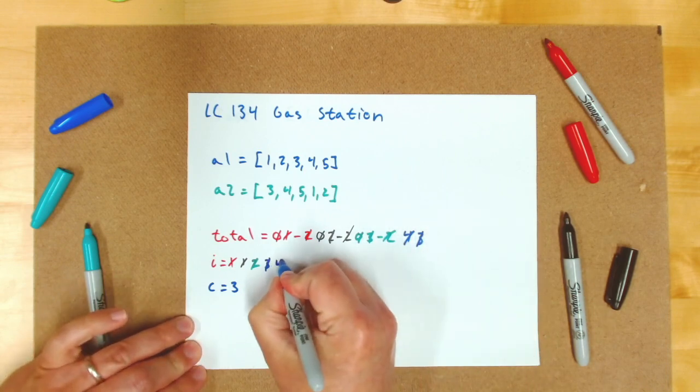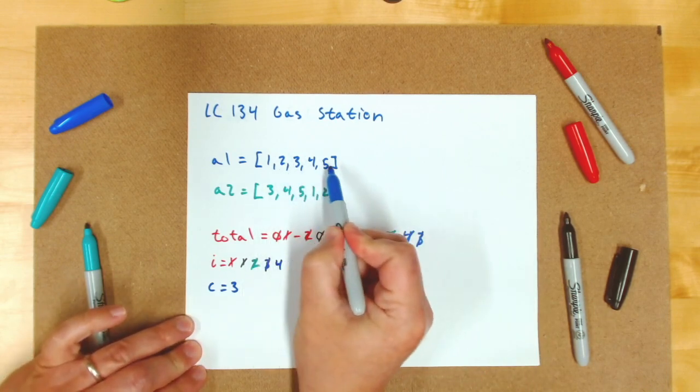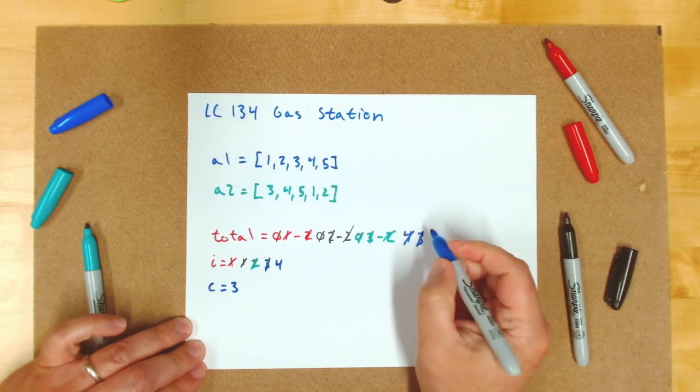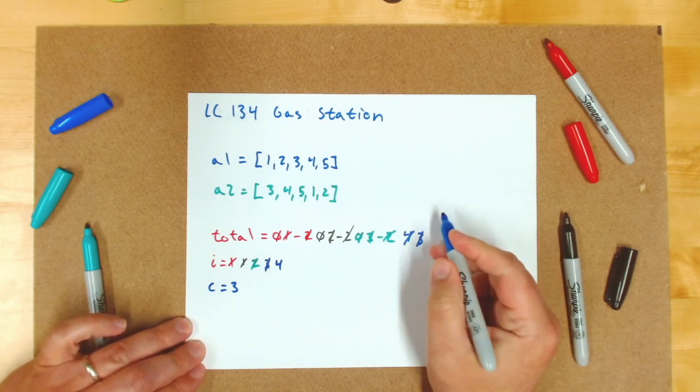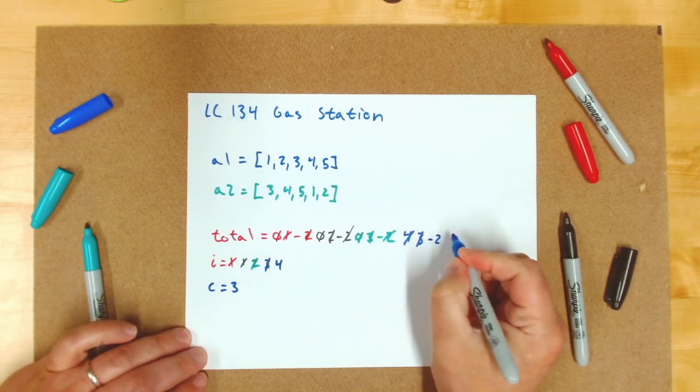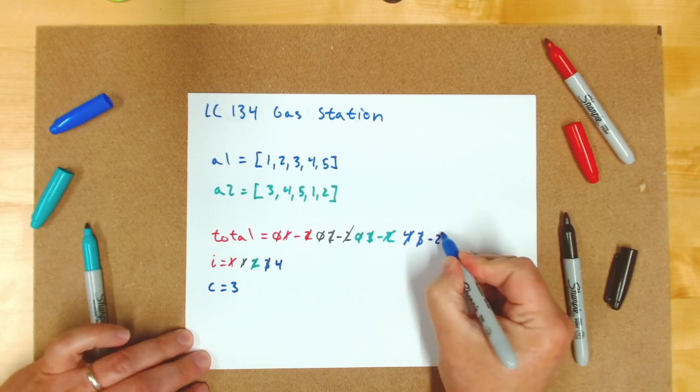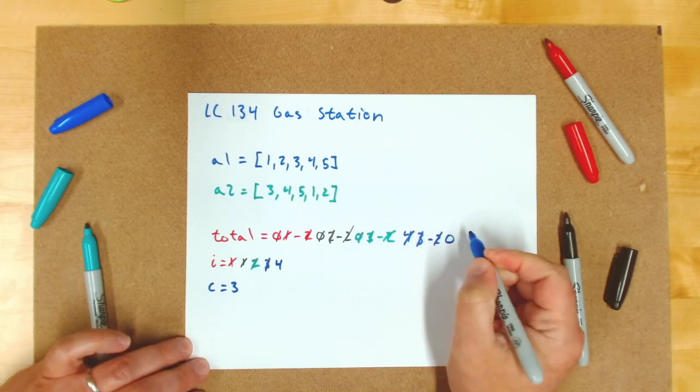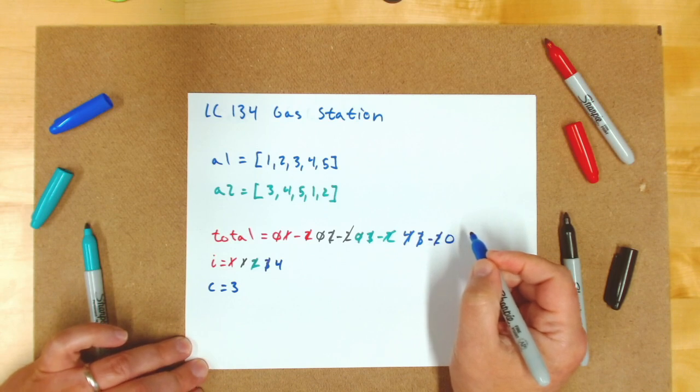So we're now at index 4, 0, 1, 2, 3, 4. So we subtract 5. Okay. So 5 goes to negative 2. And then we add 2, which brings us to 0. Okay. Let's see.